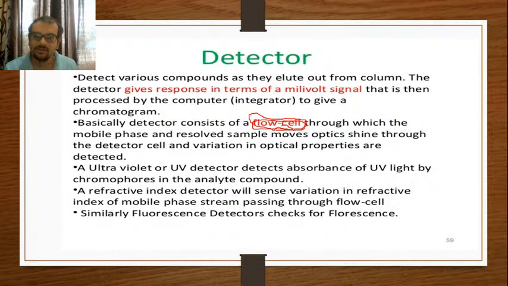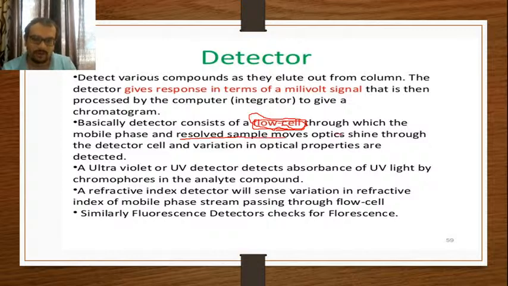It is an integral part of the detection system through which the mobile phase and resolved sample move. What is the function of the flow cell? The flow cell is a component of the HPLC detector system where the mobile phase, when it is eluted out of the column, comes and flows through the flow cell towards the detector, and along with the mobile phase it carries the resolved or separated sample components.